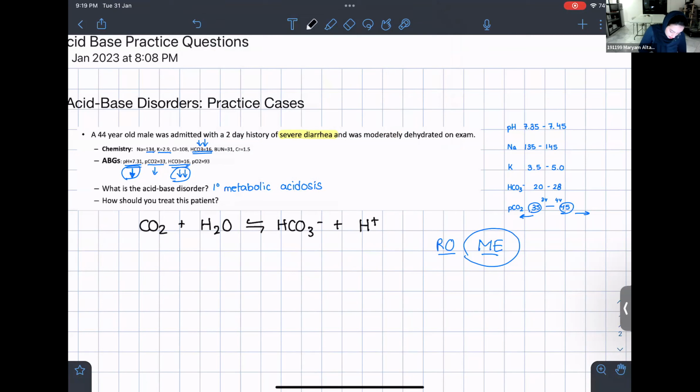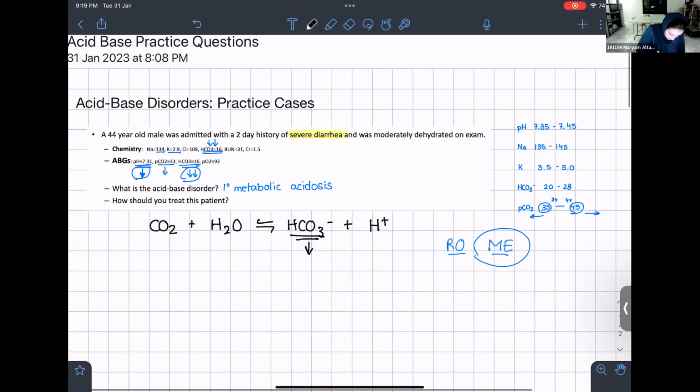So what we're saying here is that bicarb was low, right? So your equation shifted this way. So normally, CO2 is going to slightly decrease to compensate. How do we calculate that?